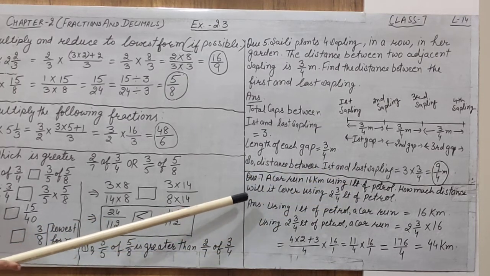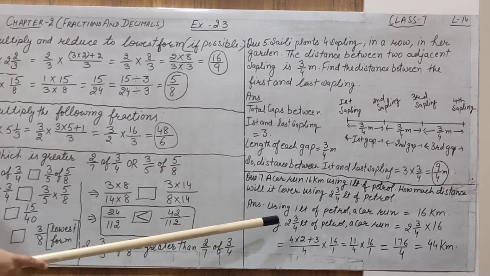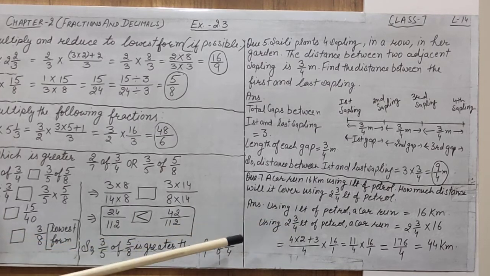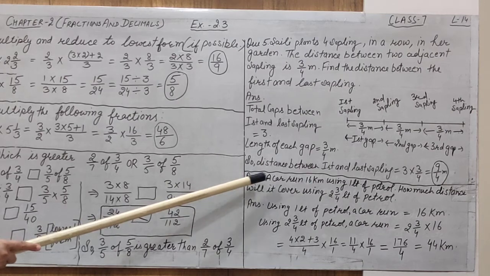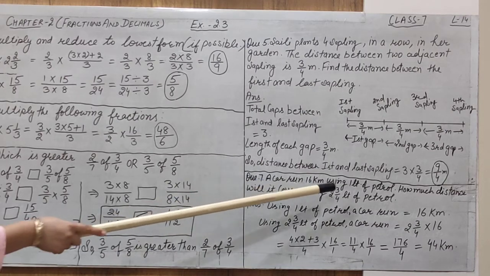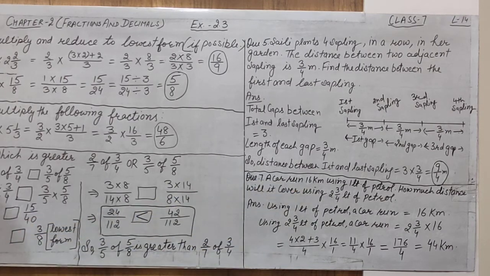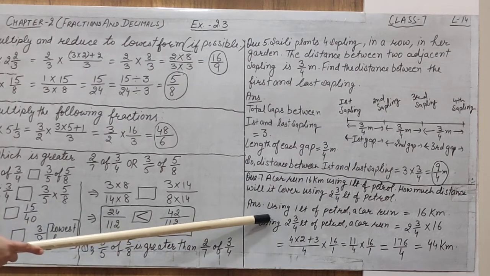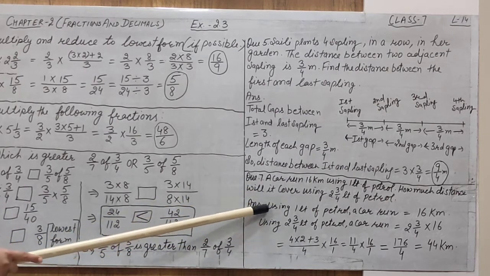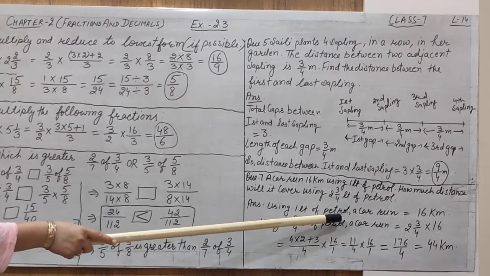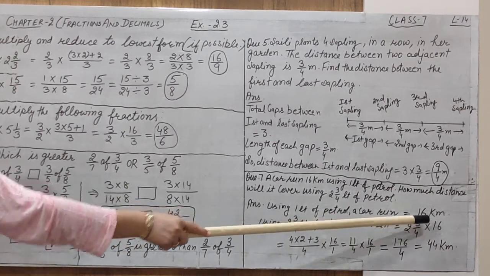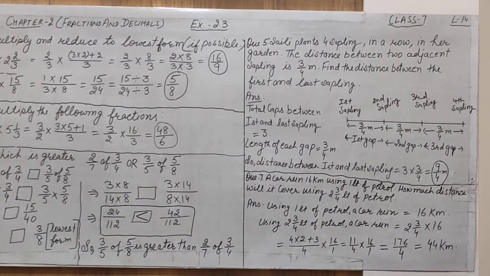Now understand the solution. Let us start with using 1 liter of petrol. The first condition is given, that is using 1 liter of petrol. How much distance is covered? 16 kilometers. Write it down in the form of a statement. Using 1 liter of petrol, a car runs 16 kilometers.